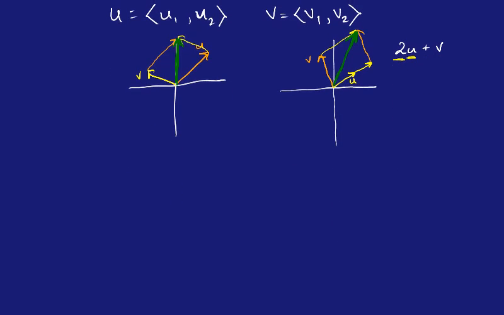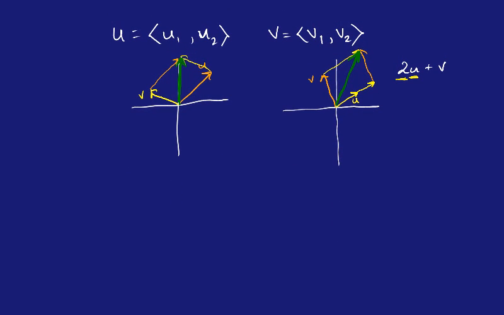The one thing I will say, before we leave here and wrap this video up, is if you have to do subtraction, you should know that the vector reflects over the origin. So let's just say that you have u here, that's u, and let's say that we have v down here, this is v.